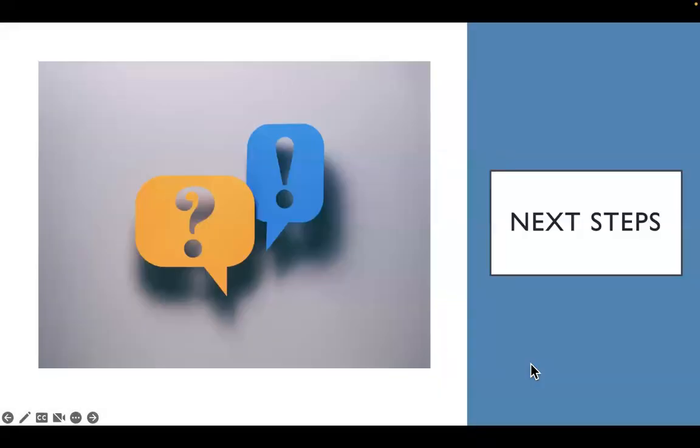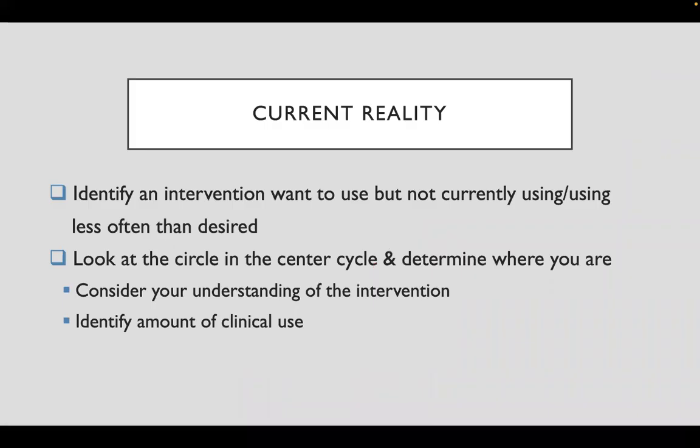And so now that we've reviewed that, I know that I gave examples for the different boxes that I talked about there, but I do think there could be some possible next steps to be taken. I think it's always important to look at our current reality and think about an intervention that we've been wanting to use.